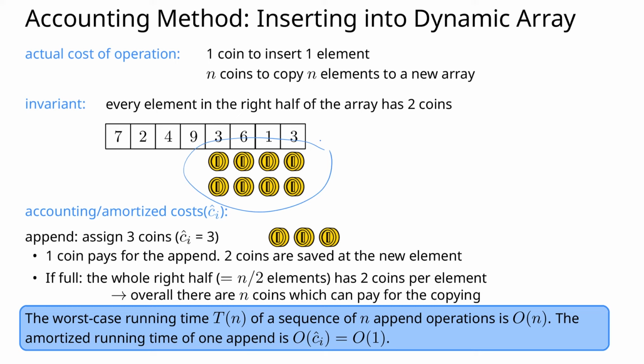With that, we get as an upper bound on the sum of actual cost, the sum of amortized costs. The amortized costs always are 3, so we get 3n as an upper bound, and that is it. And the amortized cost of an operation, that is simply a constant. So much about inserting into dynamic arrays.